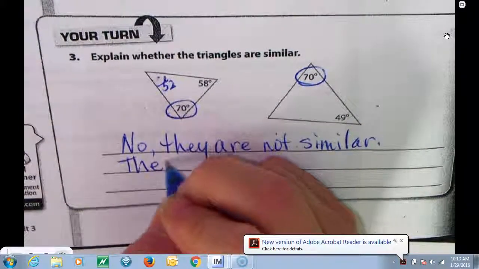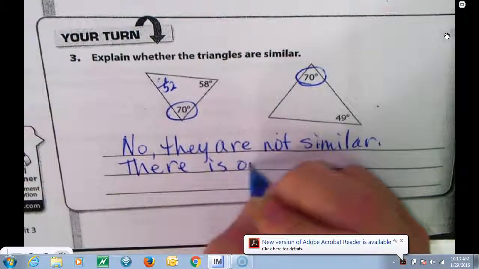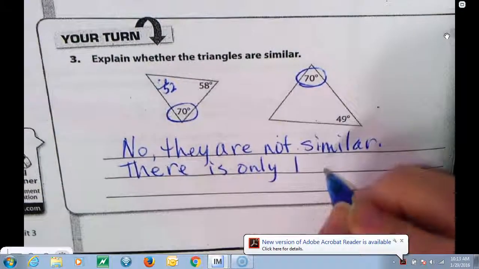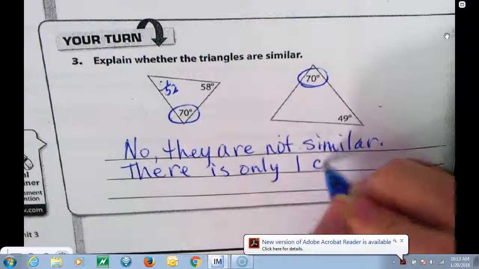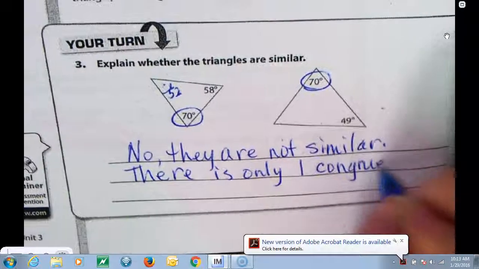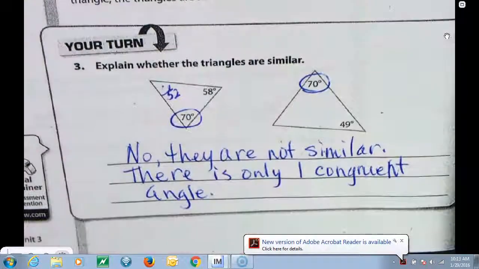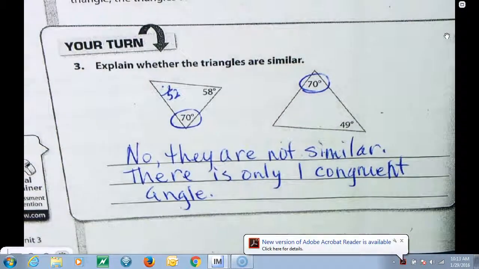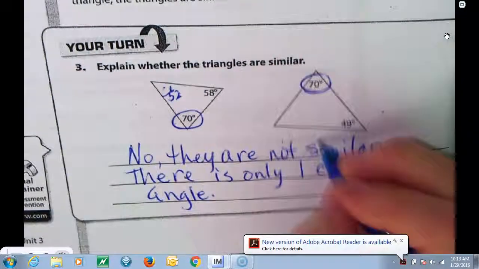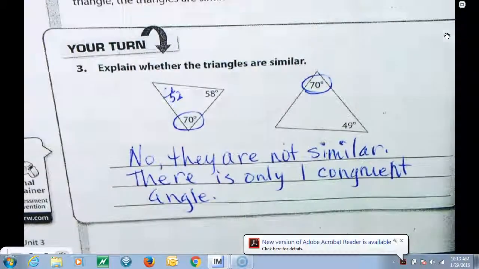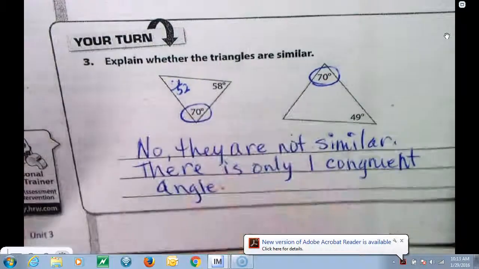Right. There is only one congruent angle. No, they are not similar. There's only one congruent angle.